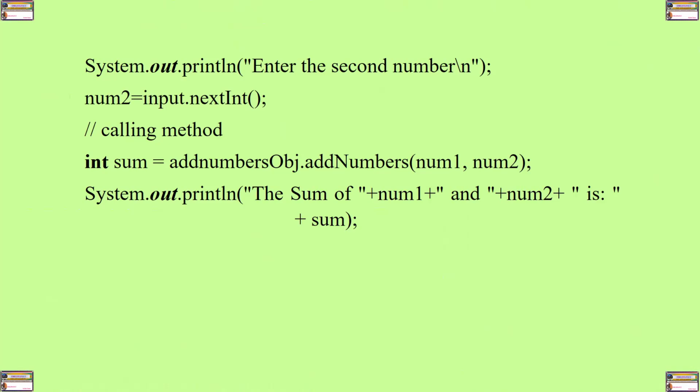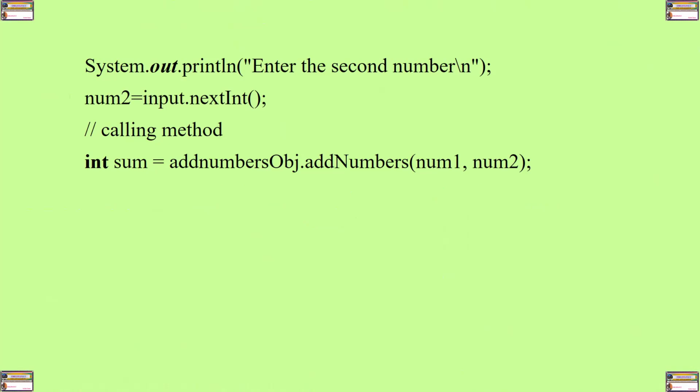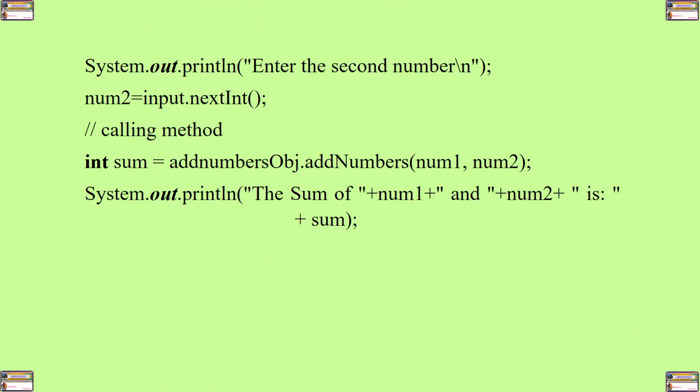Because the value has been brought from the addNumbers method, the addNumbers method has returned a value. That value has been stored in the memory location called sum. So the statement that we have here will display, or the processor will pick the value in the memory location called num1 and display it here, pick the value in memory location called num2 and display it here, and pick the value in memory location called sum and display it here.